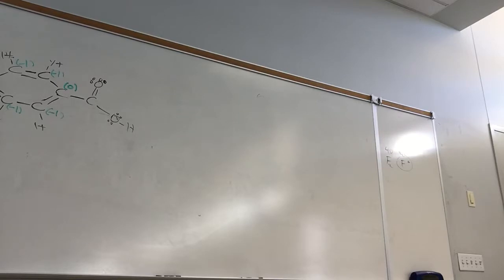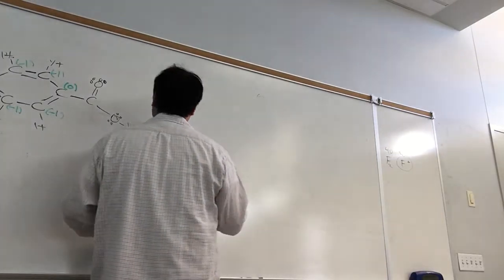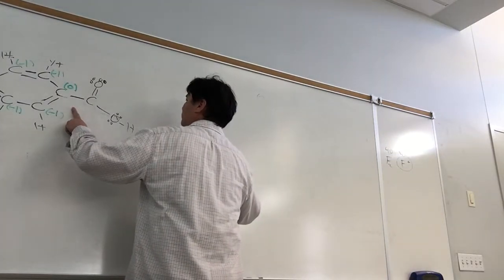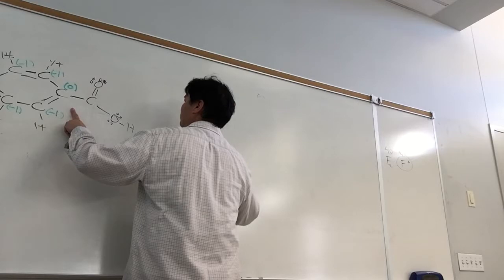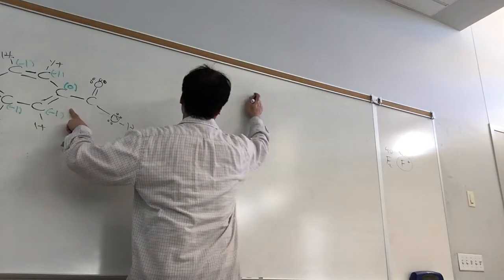Maybe it's due to the stability of the, what? Conjugate base. And so let's take a look at the stability of the conjugate base. The stability of the conjugate base is going to look like this.